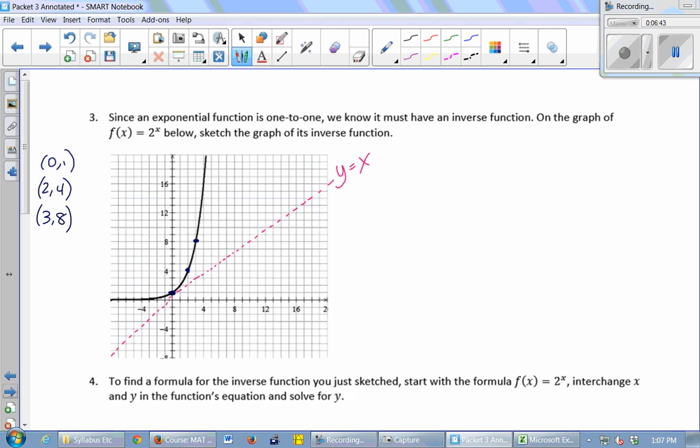And maybe I have one more right here, 4, 16. And it might help if I just get at least one negative x. Like it's not on a perfect grid point, but that point right there looks like -1, a half. This point right here, over 4, up 16.